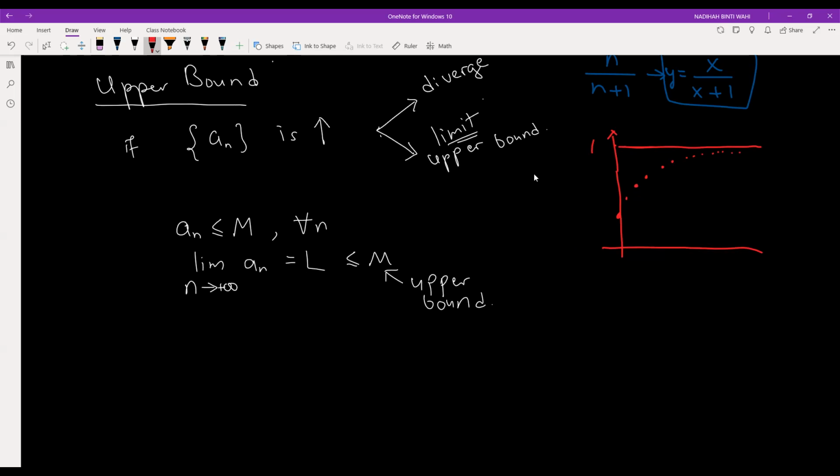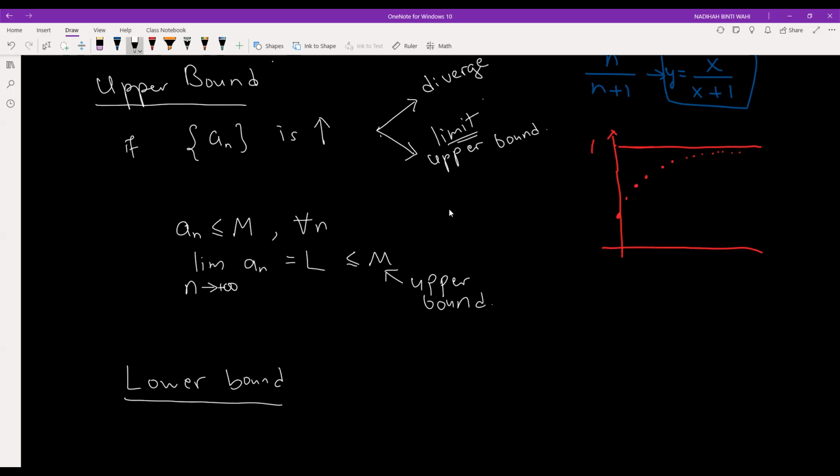How about the lower bound? You just reverse the definition.